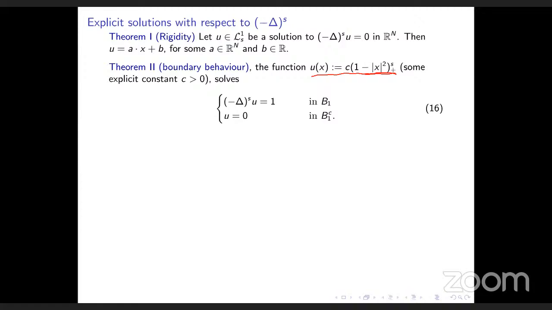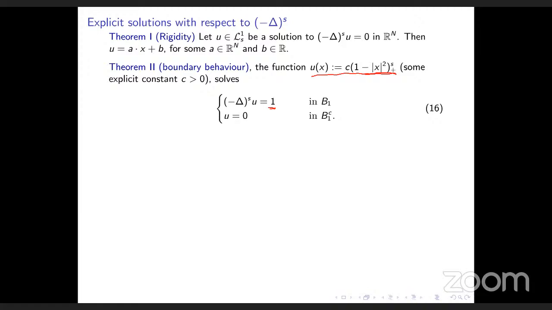and this function solves exactly this equation, with constant 1 in B1. The constant C is chosen in such a way that you have 1 here, and u is 0 in the exterior.